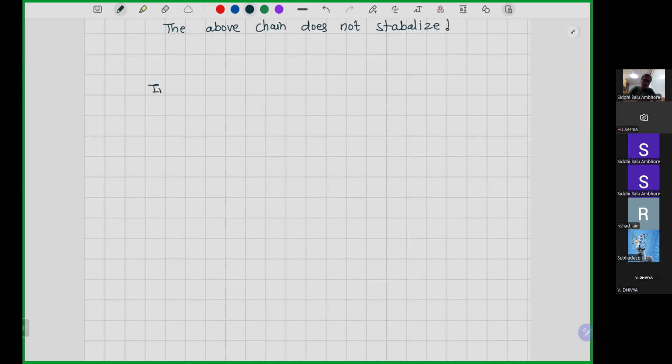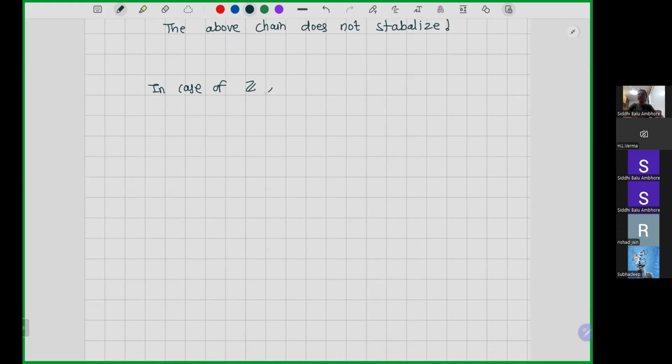So in case of Z, you give me some ideal of your choice. How does an ideal look in Z? For example, the ideal generated by 70.